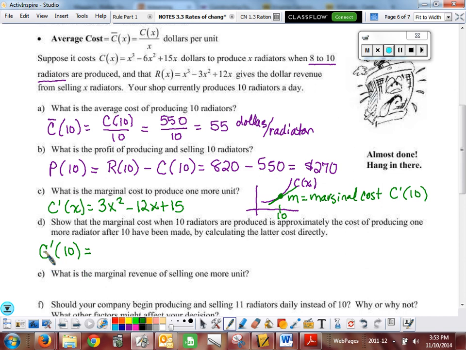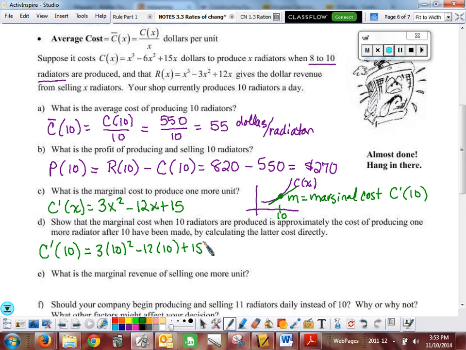And so the cost of producing that one more is what my rate of change is at 10. So I take 3 times 10 squared minus 12 times 10 plus 15.